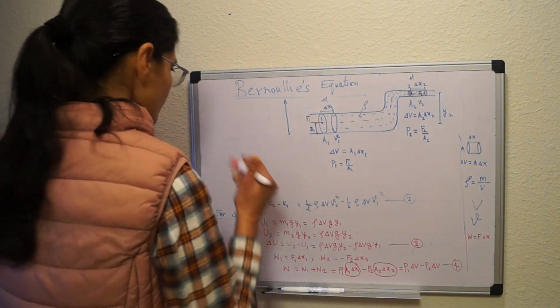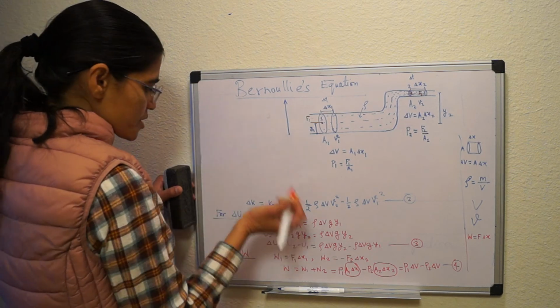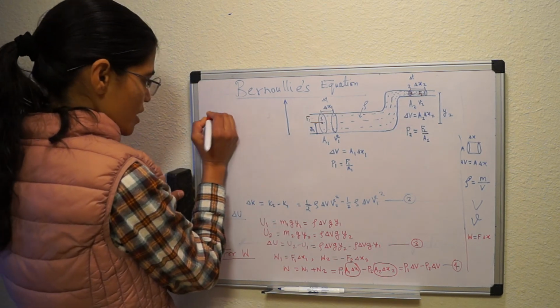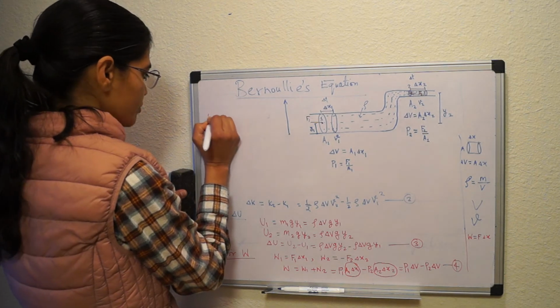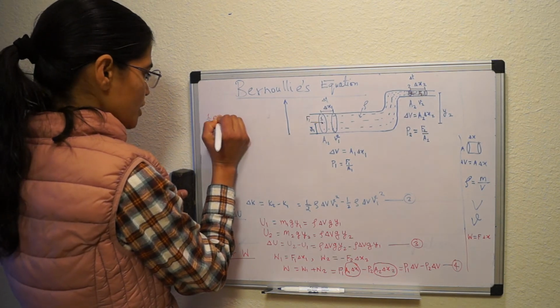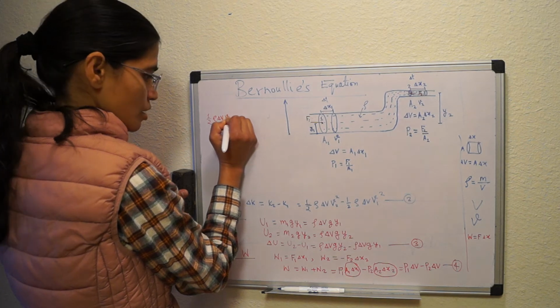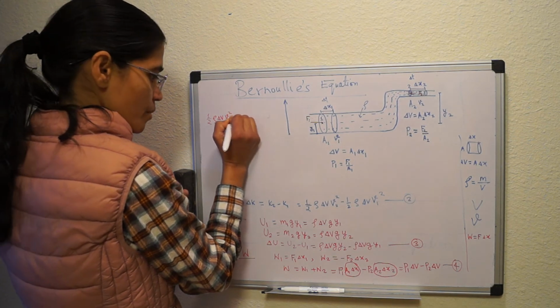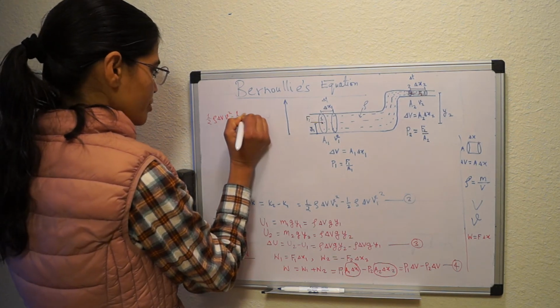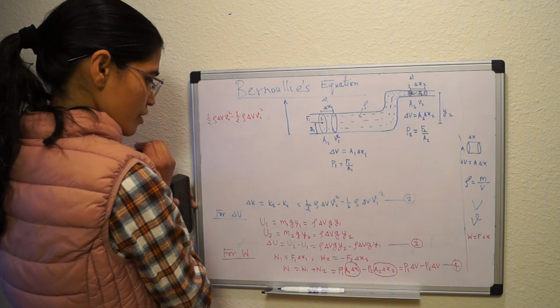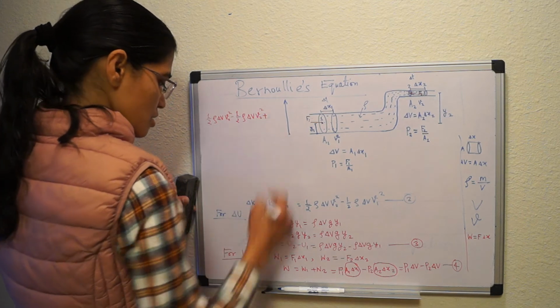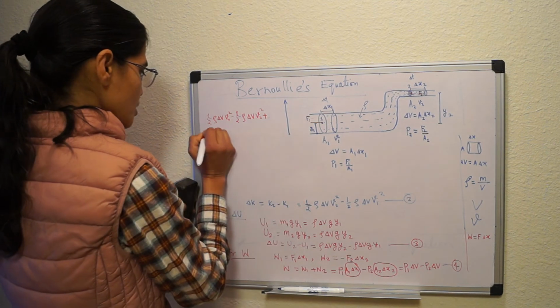So after we substitute the values, delta K is what? Half rho delta V v2 squared minus half rho delta V v1 squared, plus delta U, which is what?